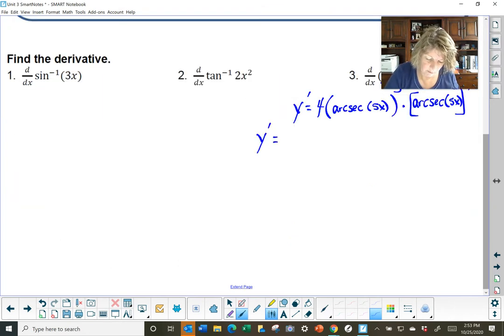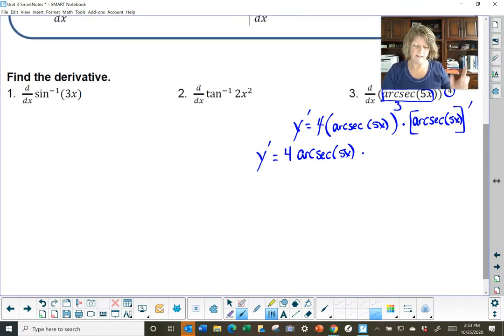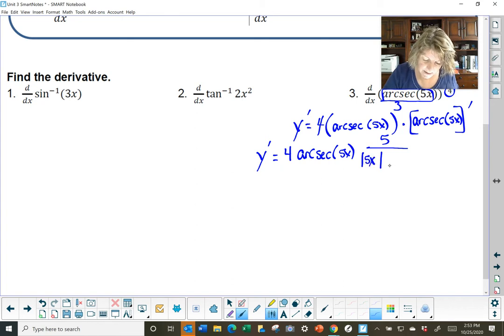Y prime equals 4 arc secant of 5x times, now let's get the derivative of arc secant. That's the one that goes u prime, which would be 5, over absolute value of u, 5x, times the square root of 5x squared minus 1.